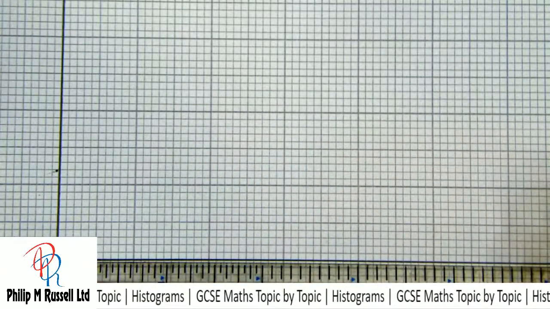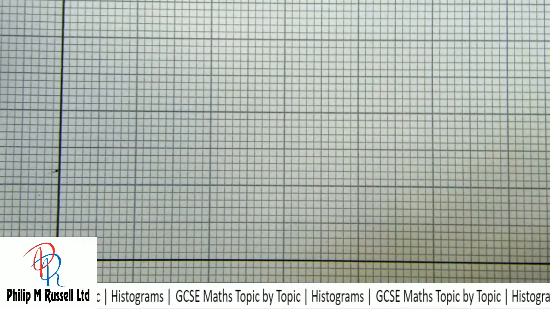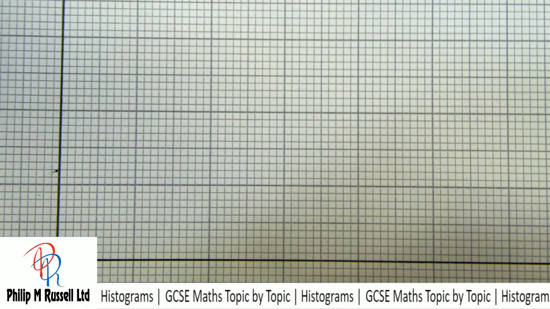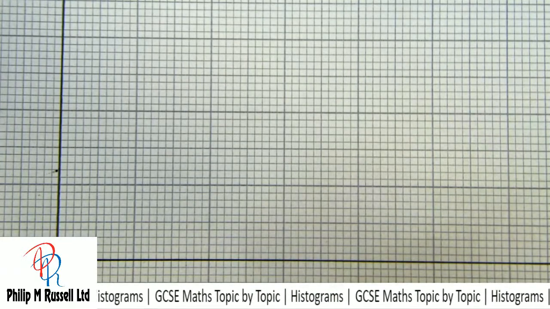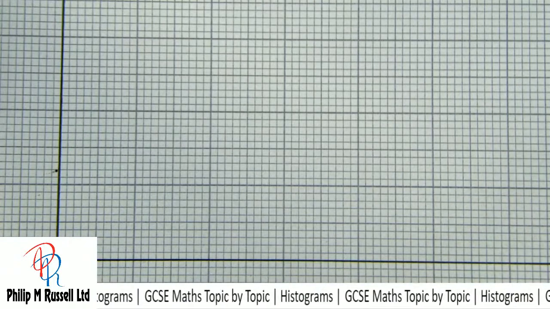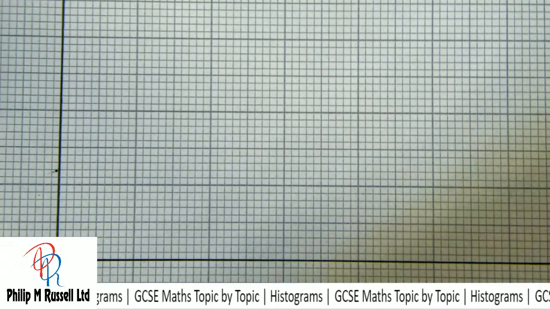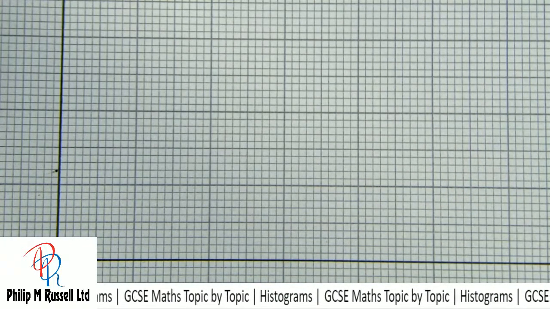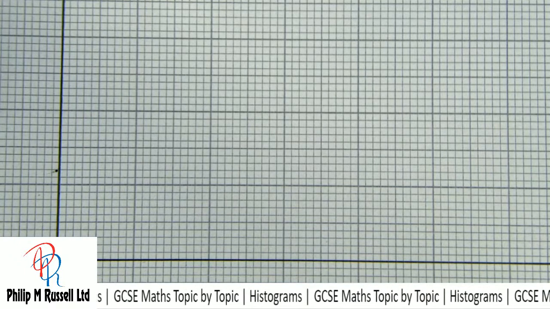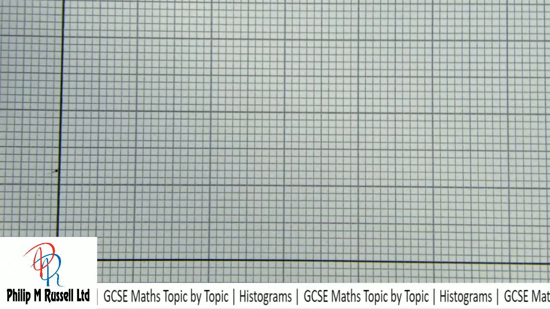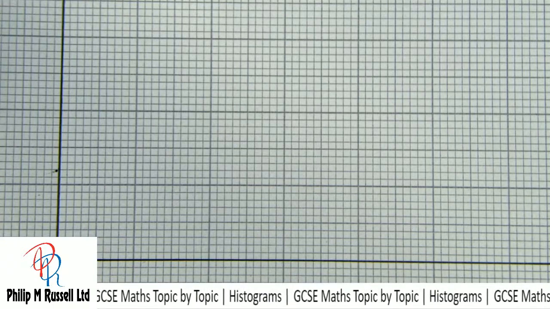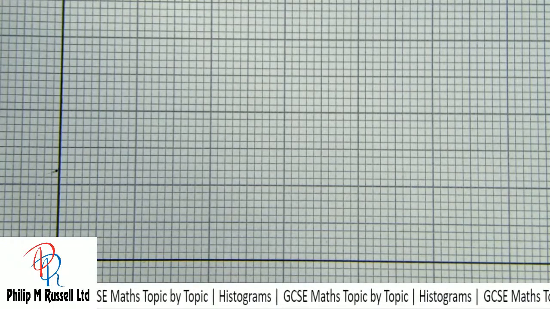Now this is normally what you'd be given, one of these bits of things with data on here, and we can try to get some ideas of what we might have to work out. Okay, so let's see if we can draw in some data.